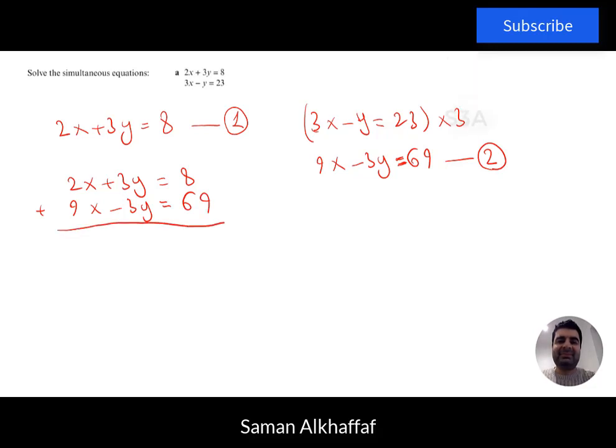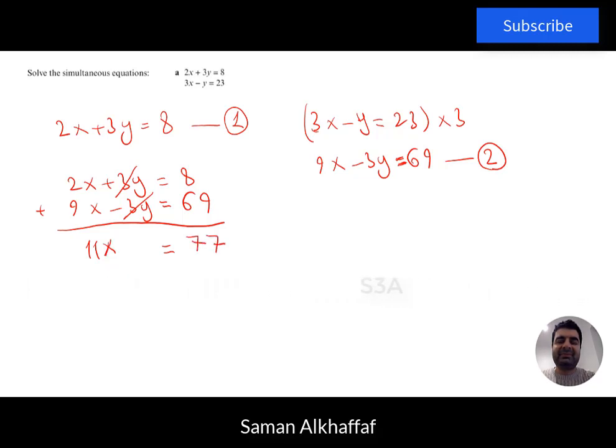So here we can see that these two expressions will disappear. The y will disappear because 3 take away 3 will disappear. We have 2 plus 9, that would give us 11x. When we have the equal sign, 8 plus 69 would give us 77.